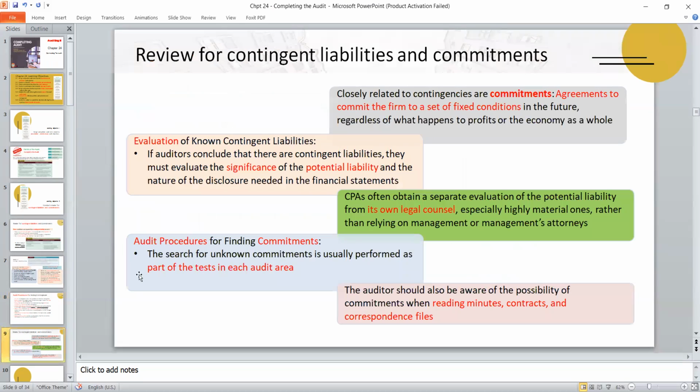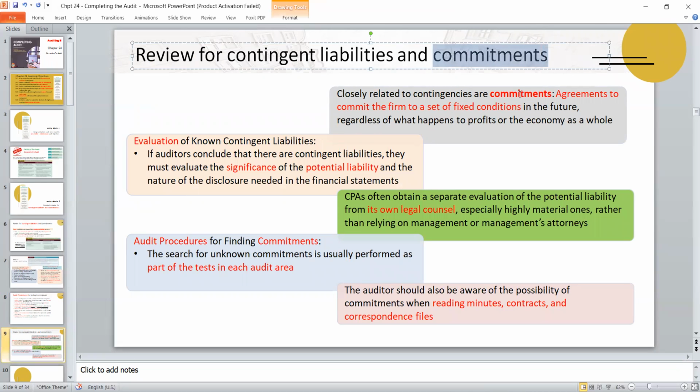Okay. And for the review of the contingent liability and commitments, first we talk about commitments, because the condition is almost the same as the contingent liability. It is closely related to contingency. We can say a commitment is an agreement to commit the firm to a set of fixed conditions in the future.